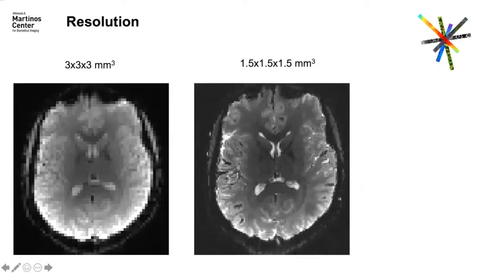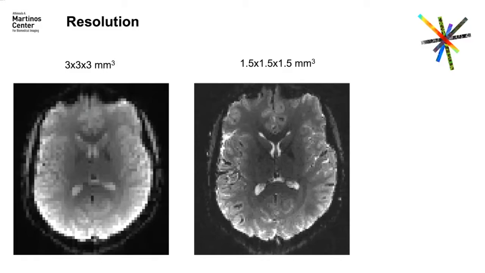So here is an example of how different resolutions look in fMRI. On the left there is 3mm resolution. That is actually quite common in fMRI studies. But when you compare it to 1.5mm resolution, it seems quite blurry, and with the smaller resolution we can get better specificity of the signal.